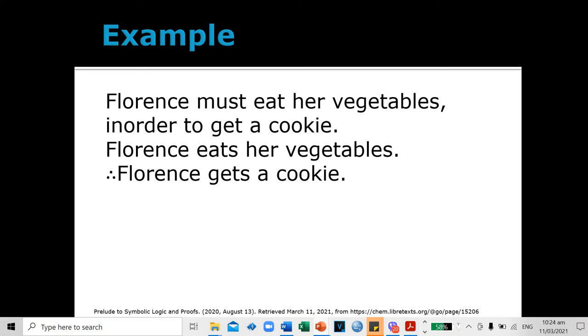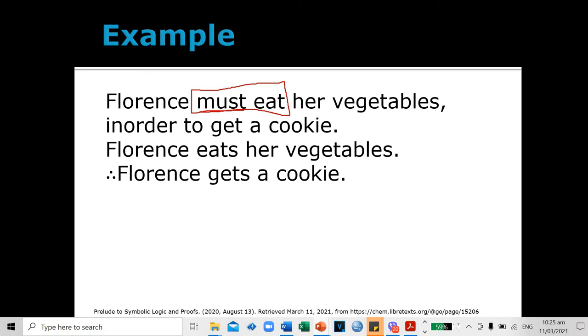So if you're going to compare the two examples, this example is not valid because it states here that Florence must eat her vegetables in order to get a cookie. So it is a prerequisite for Florence to get a cookie. While earlier, it's just if Edith eats her vegetables, then she can get a cookie.